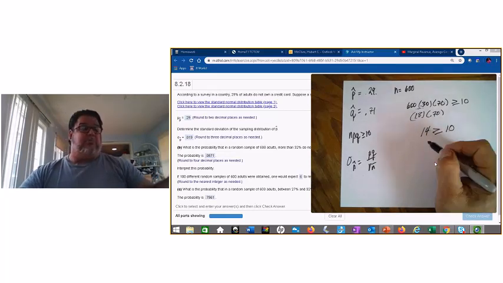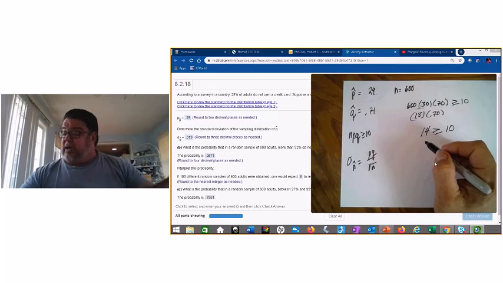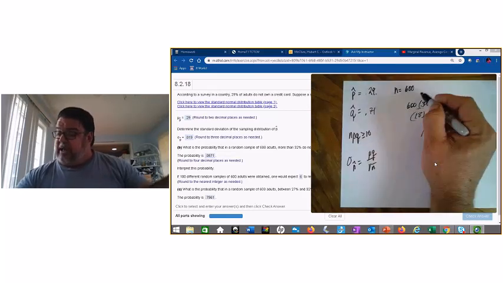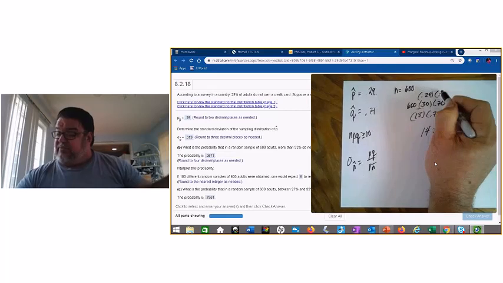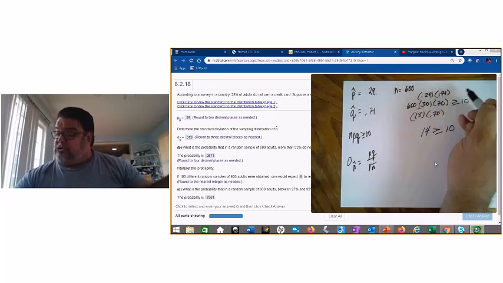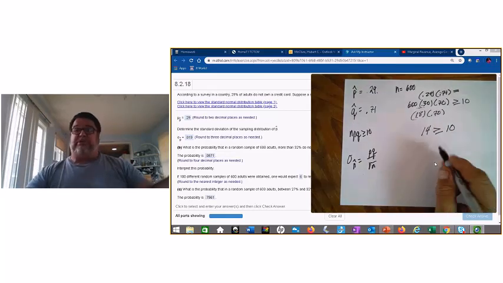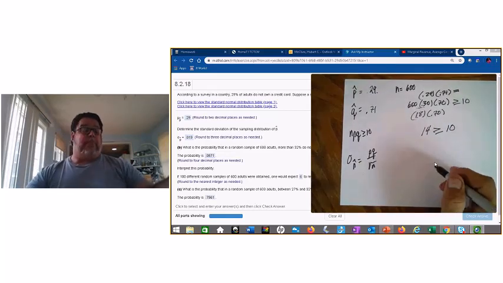One of y'all do the math. Tell me what y'all got when you did 600 times 0.29 times 0.71. Tell me what you actually got. It'd be around 14, but what did it come out to be?